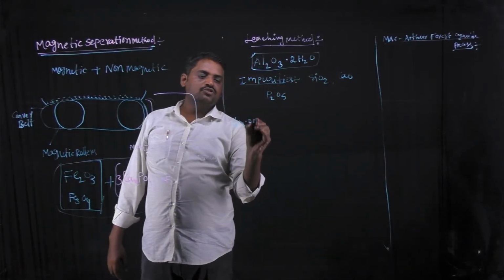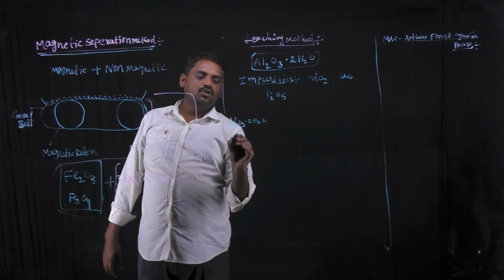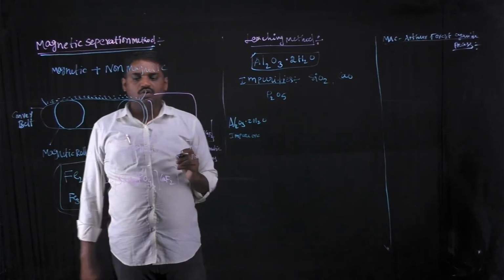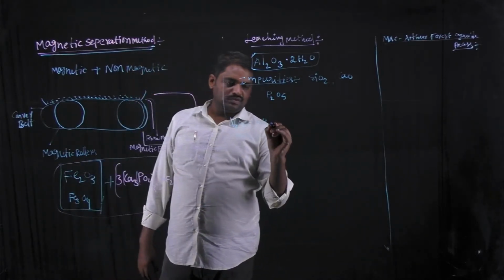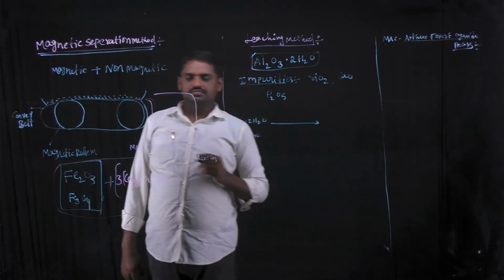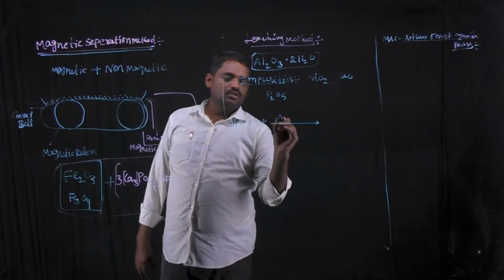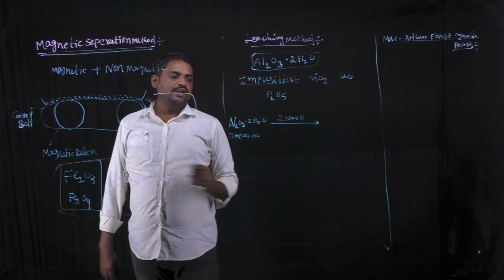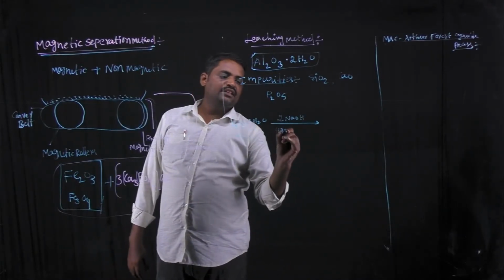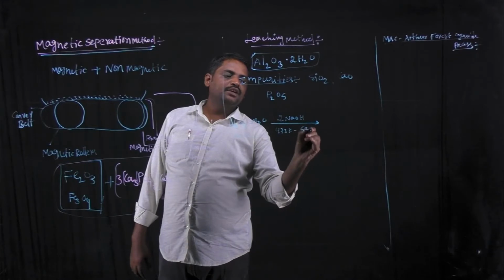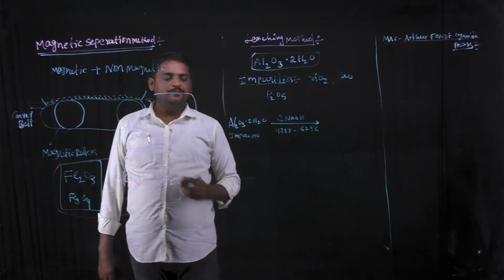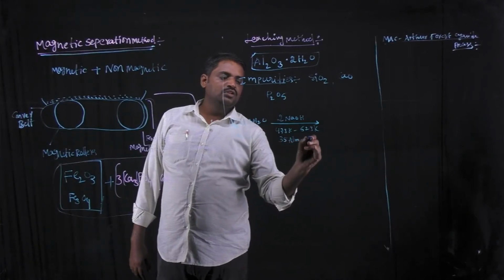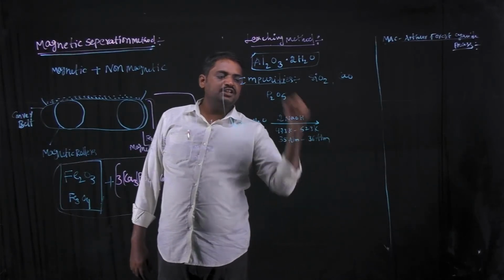The impure ore, bauxite, Al2O3·2H2O, is reacted with sodium hydroxide at a temperature of 473 Kelvin to 523 Kelvin and a pressure of 35 to 36 atmospheres.